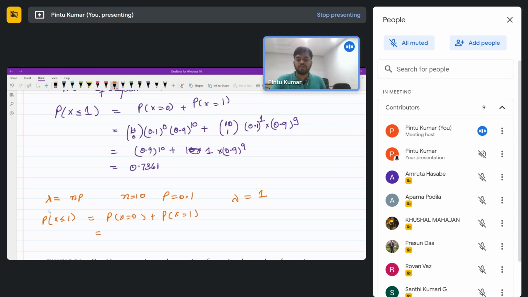So lambda is 1, so nothing happens to it. So e to the power minus 1 by 0 factorial plus e to the power minus 1 by 1 factorial. I think this is what you should get.